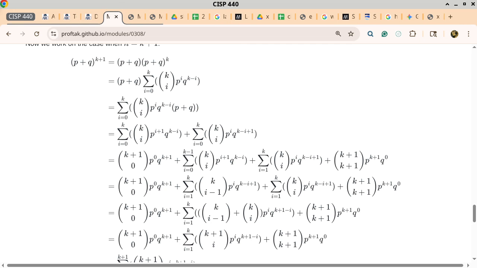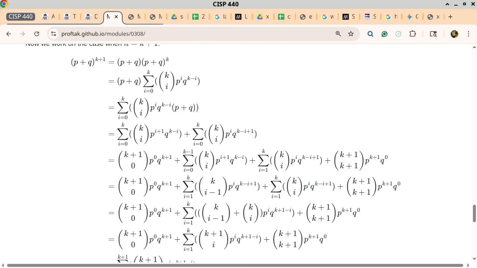Once we move it inside, we split again, except on one side we have p multiplied to this thing here, and on the other side we have q multiplied to this whole thing here. On one side, the power of p is i plus 1 instead of just i. On the other side, instead of q to the power of k minus i, it is q to the power of k minus i plus 1. Is that okay? Okay.